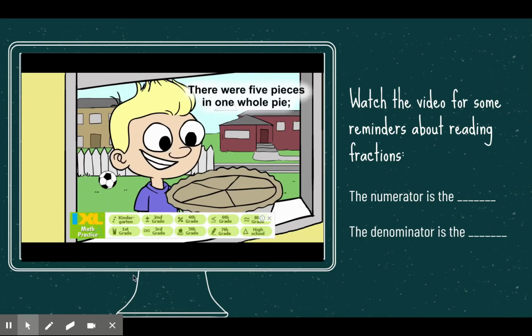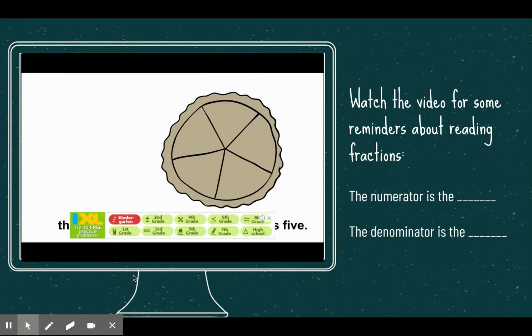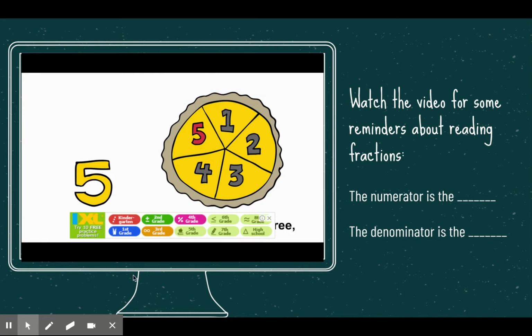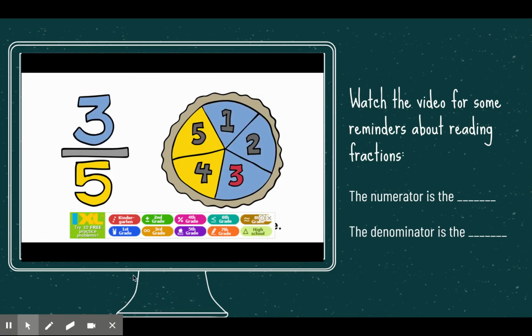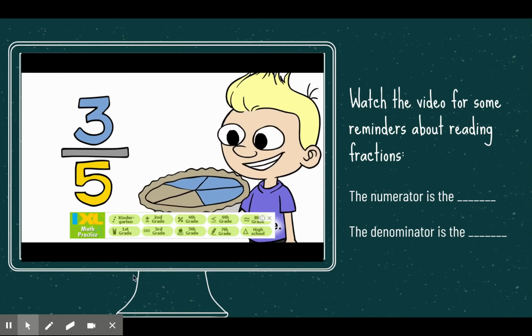There were 5 pieces in one whole pie. The denominator of the whole pie was 5. The numerator of my part was 3, as 3/5 of the pie was for me.